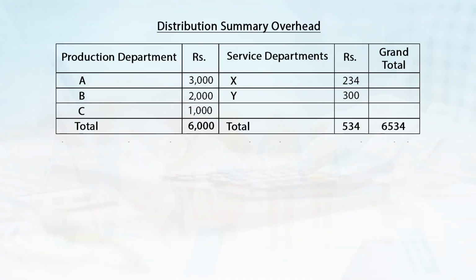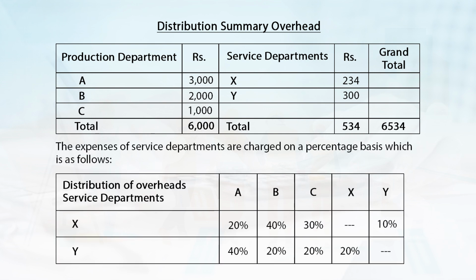Distribution summary of overhead is: for production department A, amount is rupees 3,000, for B rupees 2,000, for C rupees 1,000, making total of rupees 6,000, and for service department X amount is rupees 234, and for service department Y amount is rupees 300, making total of 534, and grand total is rupees 6,534.